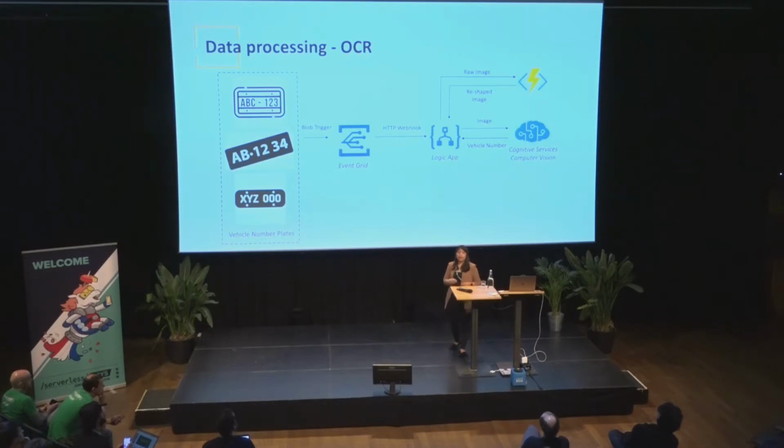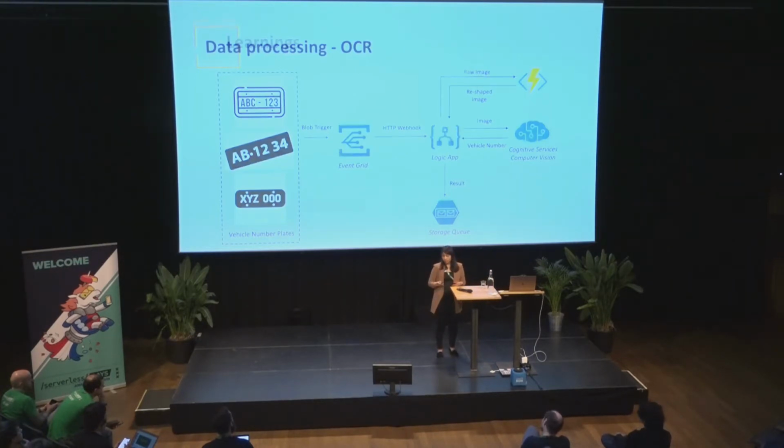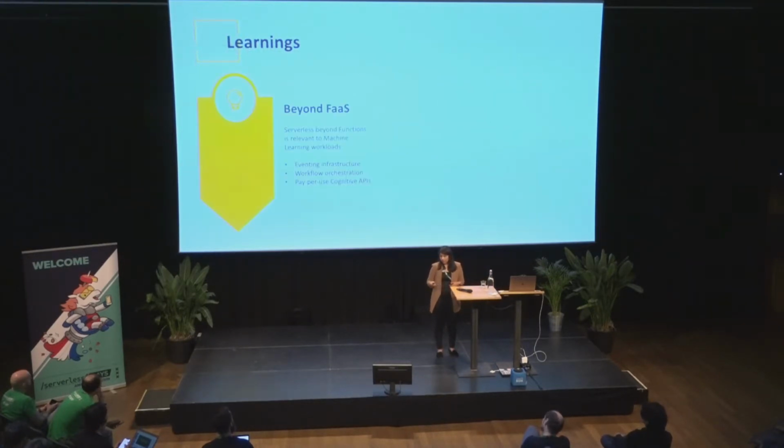It'll then go ahead and use the processed image to make a call to cognitive services, the computer vision API, which will provide out-of-the-box OCR based on the transformed image, and finally go ahead and write the results to a storage queue. Learnings from this one.